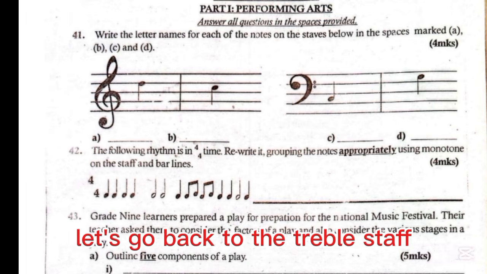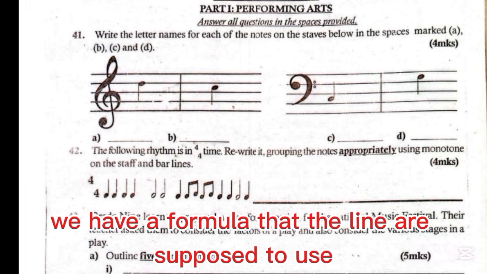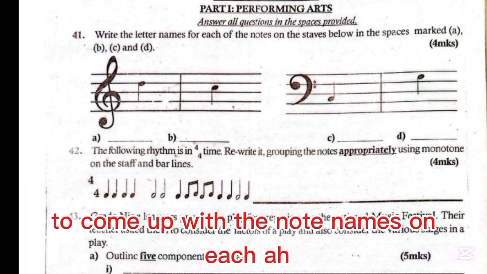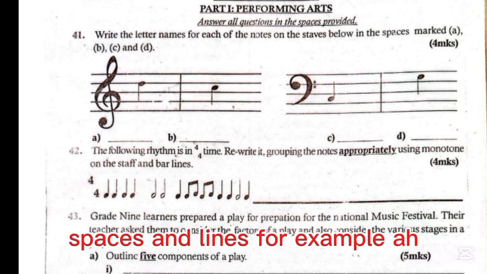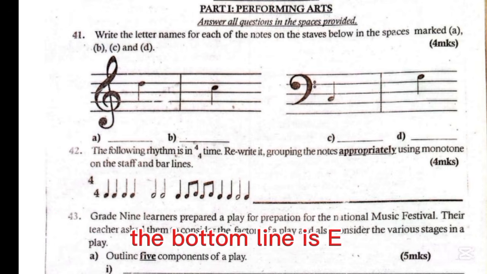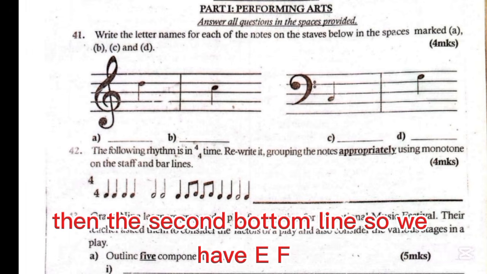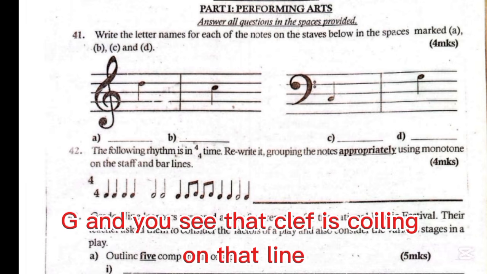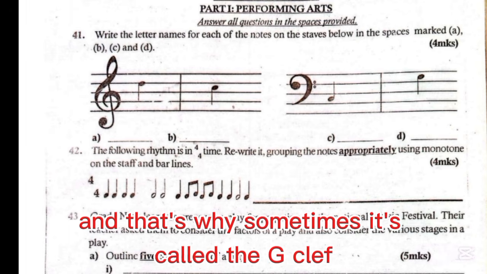We have a formula that the learner is supposed to use to come up with the note names on each of the spaces and lines. For example, the bottom line is E, then the second bottom line, so we have E, G, and you see that the clef is coiling on that line, and that's why it is sometimes called the G clef.